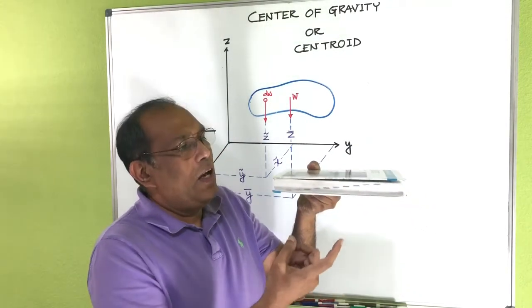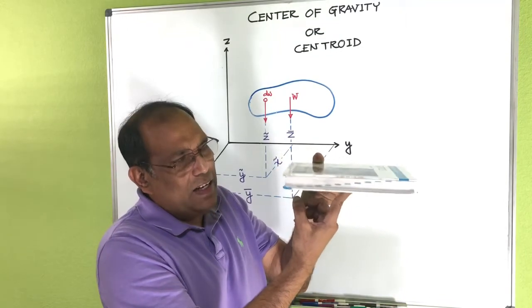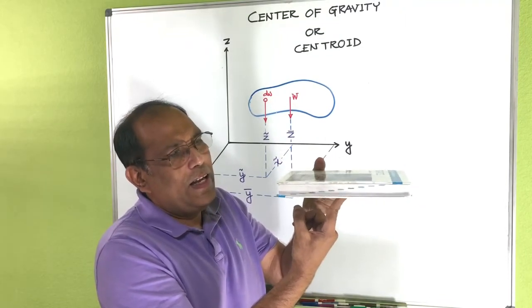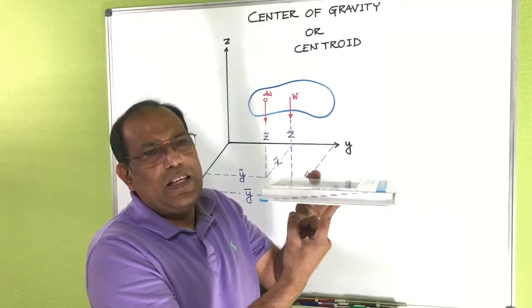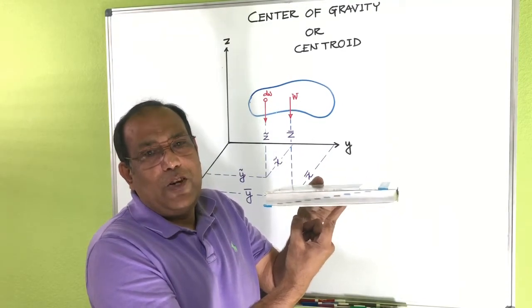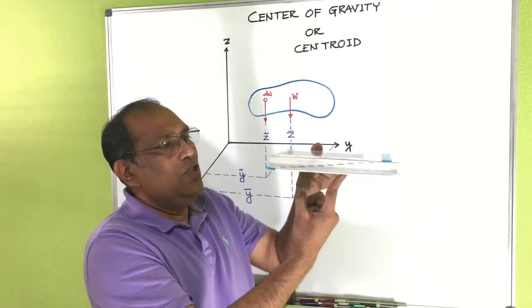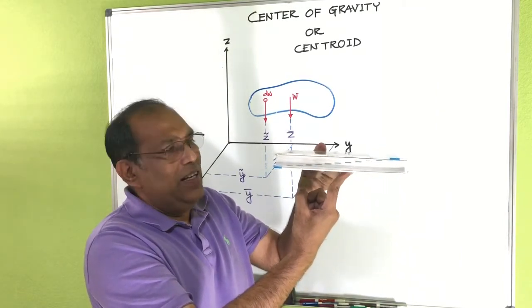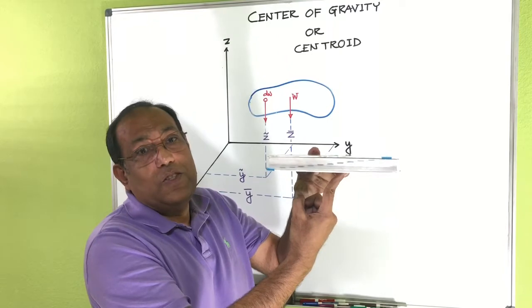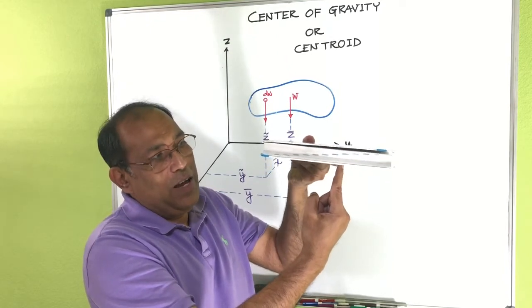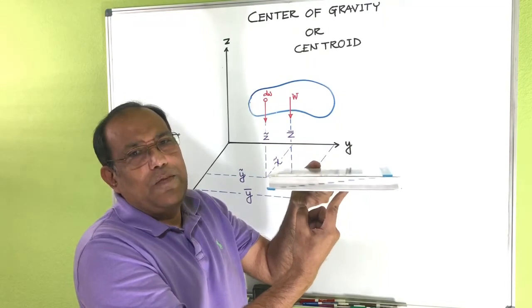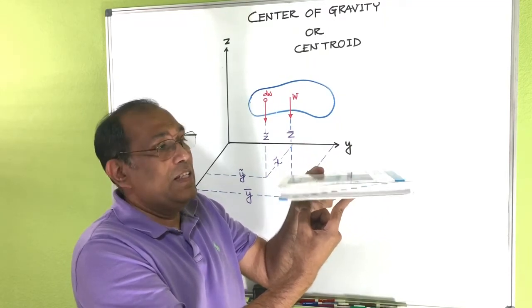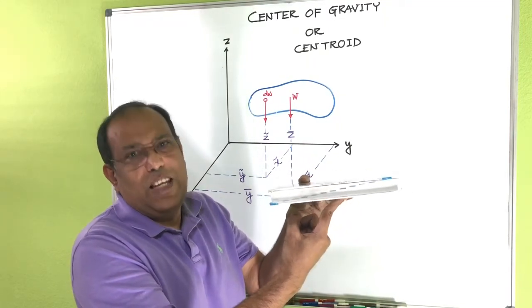Now there is a single point here, the centroid or center of gravity, and if I support the book at that point, it will be in an equilibrium position. So if I put my finger correctly, it will be in equilibrium.